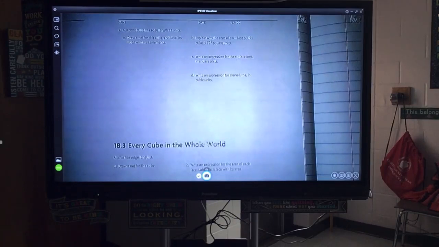Oh, because it's 17 side. Because it's a square in each side. An expression for surface area is square.